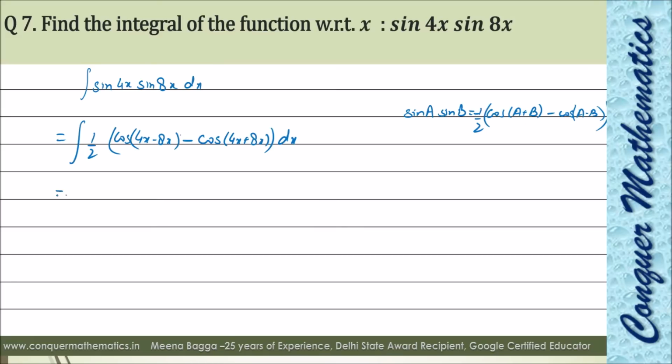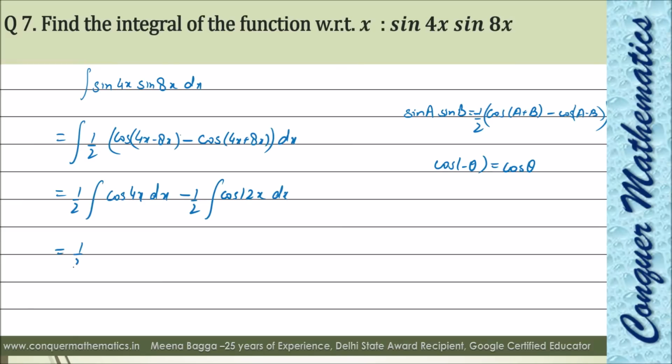So this would be half. Cos minus 4x will be cos 4x itself, as we already know cos of minus theta is nothing but cos theta. This is integral of cos 4x minus 1 by 2 integral of cos 12x.